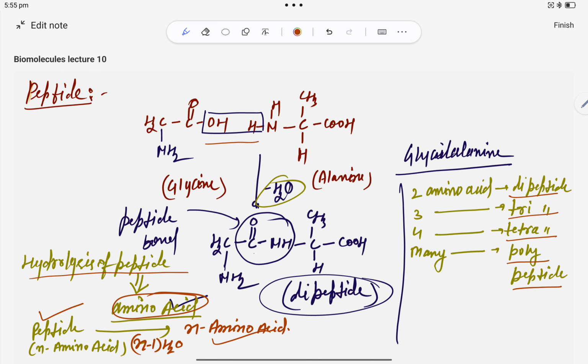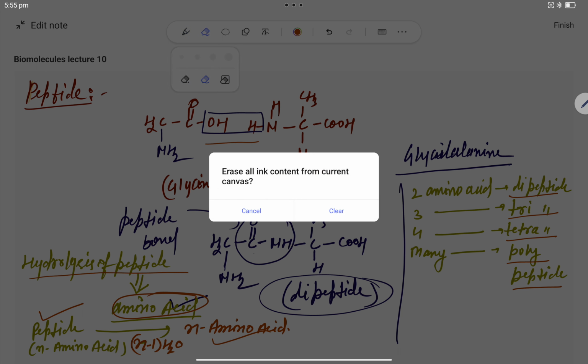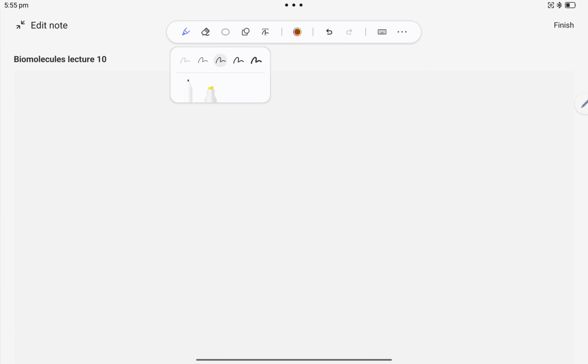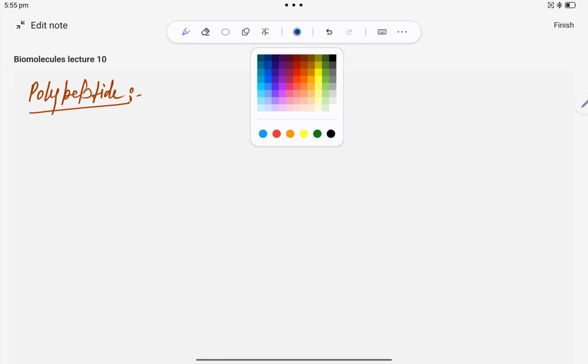What about polypeptide? Let's check it. In the case of polypeptide, one unit I am writing, focus on it.